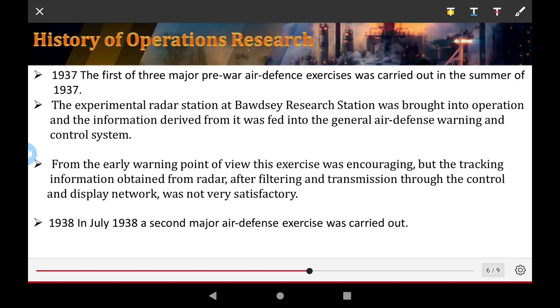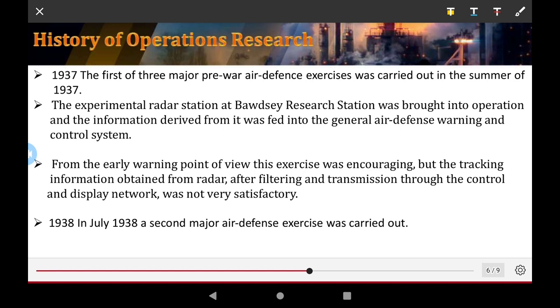From the early warning point of view, the exercise was encouraging, but tracking information, or radar information tracking, was a problem in the experimental operation research. Information obtained from the radars, after filtering and transmission, was used for control of the display network.